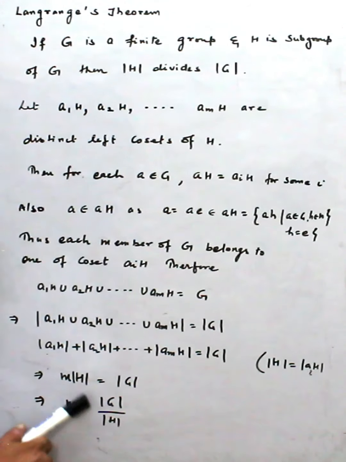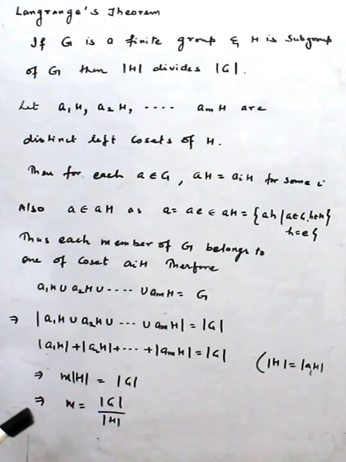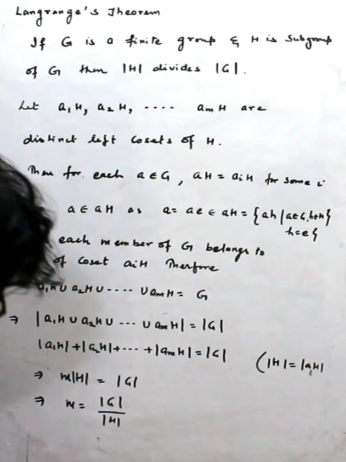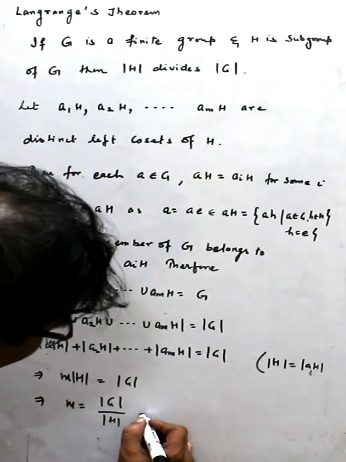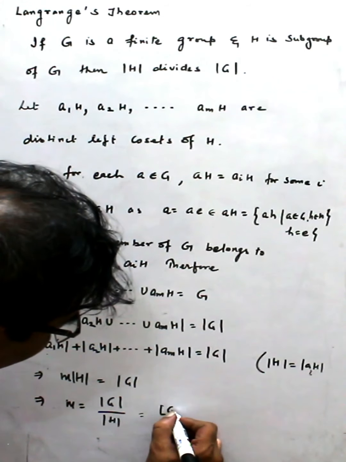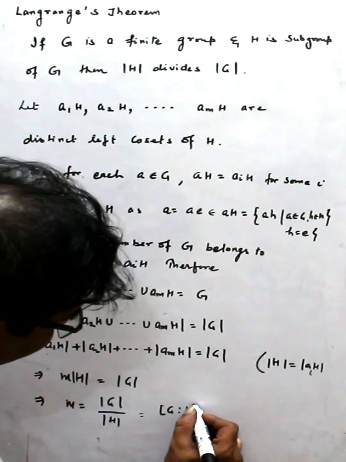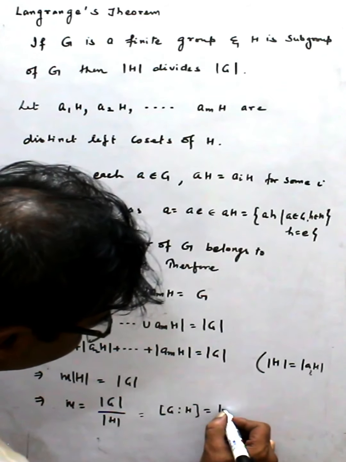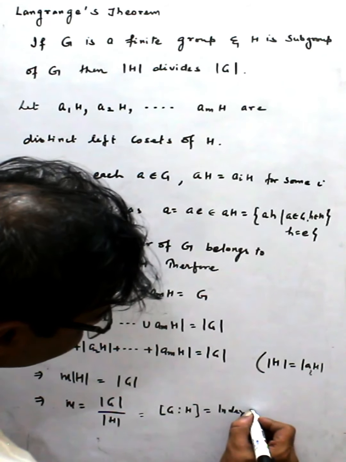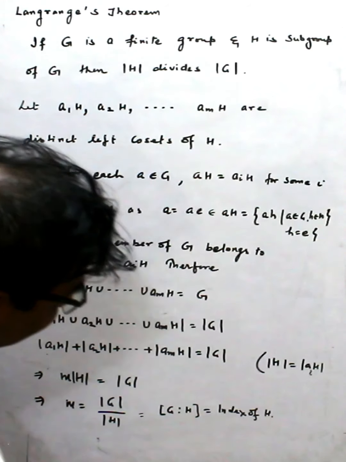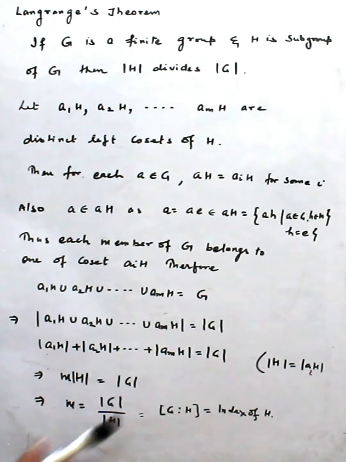Now what is this M? The part which we divided by. This M is the quotient and we call it the index. We denote this M as [G:H] and call it the index of H. So what is the definition of the index of H? It is the number of distinct left cosets or right cosets.